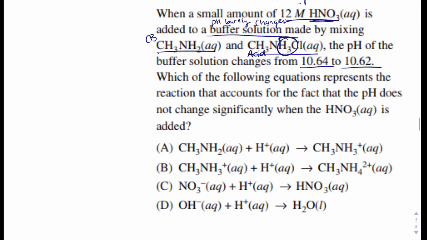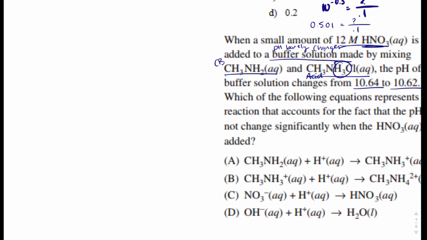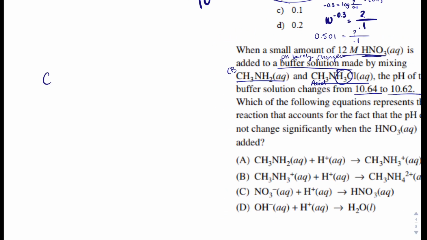Which of the following equations represents a reaction that accounts for the fact that pH does not change significantly? So we've got CH3NH3 plus, and that breaks apart into CH3NH2 plus H plus.